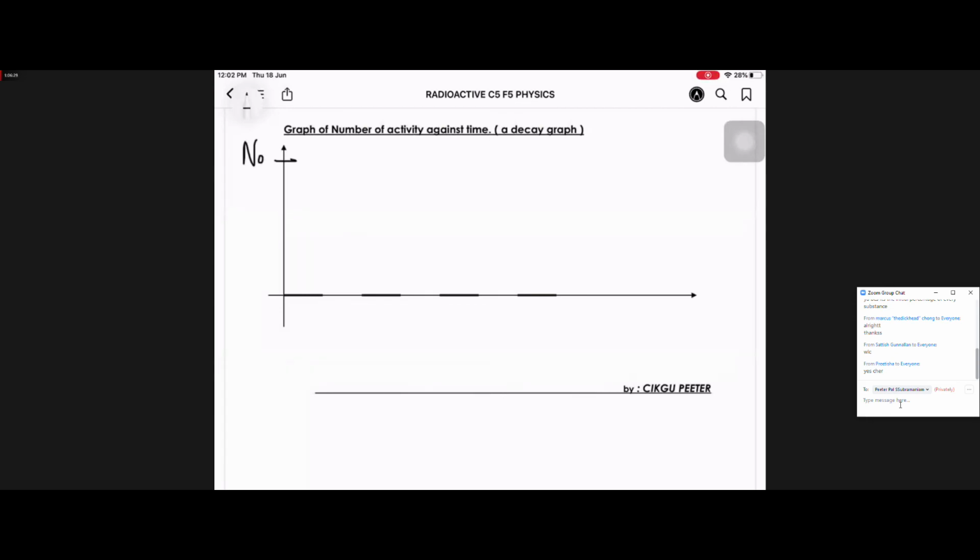Or I give you 8,000 counts per second. So this will be the first half-life. Okay, this is half-life. So this is count per second. Now, this will be the second half-life.